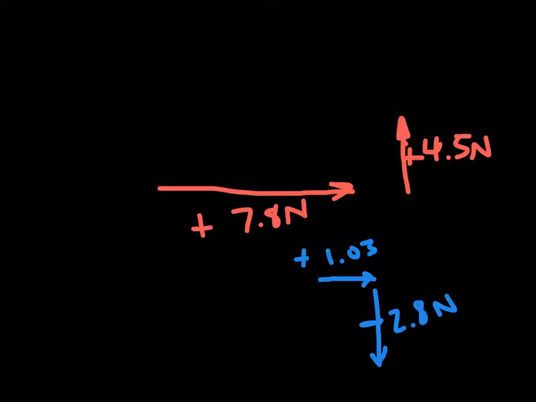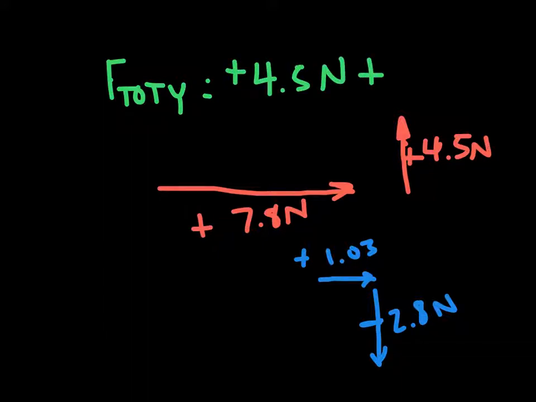We're going to go force total in the y direction is equal to positive 4.5 newtons plus negative 2.8 newtons. And then in the x direction here and here, I'm going to add those two numbers.